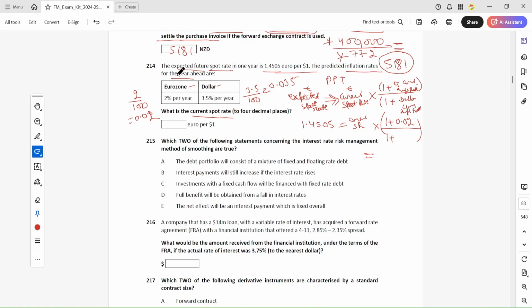Because it's 1 year, we don't have to multiply by 3 divided by 12 or 6 divided by 12.